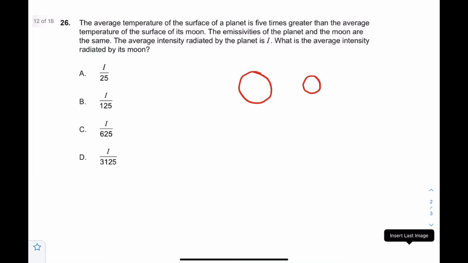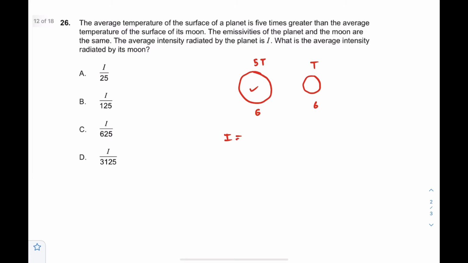So if the moon temperature is T, then the temperature of the planet will be 5T, right? The emissivities of the planet and the moon are the same, so sigma is the same for both. So what is the average intensity radiated by the moon when the average intensity radiated by the planet is I? So it is given that the intensity radiated by the planet is I, okay?